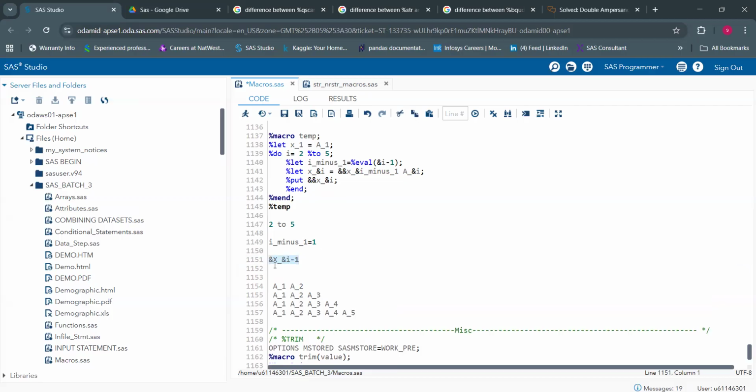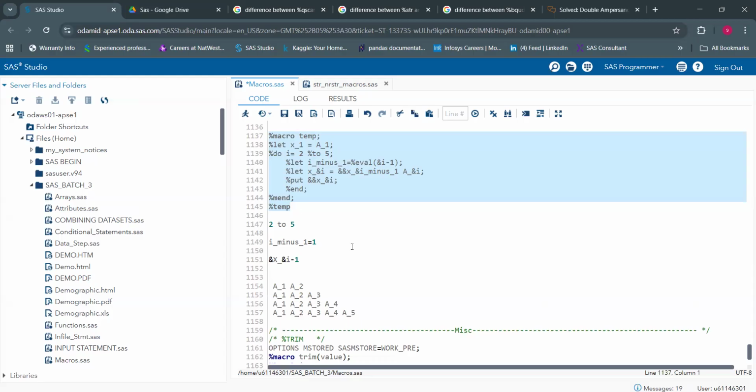Do we have &x&i minus 1 in this scenario? No. So that's when we use double ampersand, in order to resolve multiple ampersands and multiple things at once.